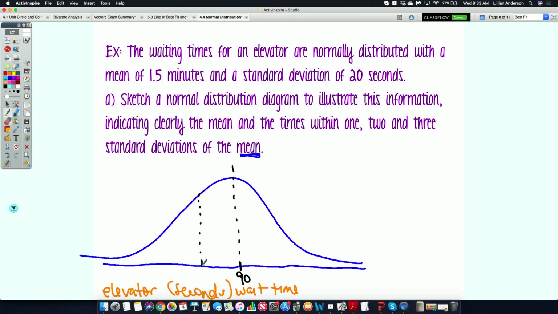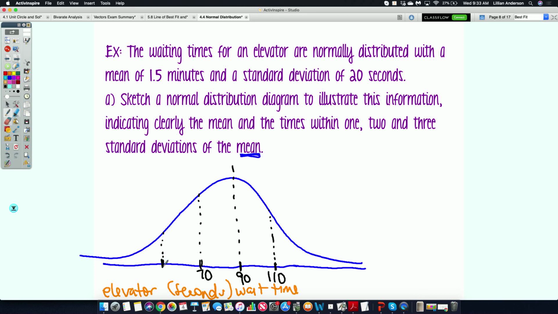you're going to subtract 20 to get it to the left. What's 90 minus 20? To get 1 standard deviation to the right, you're going to add 20, which is 110. So 1 standard deviation, 68% of your data lies in between 70 seconds and 110 seconds. 2 standard deviations.